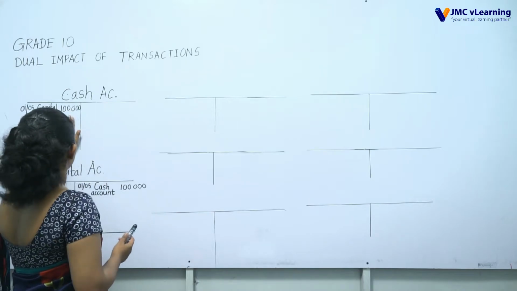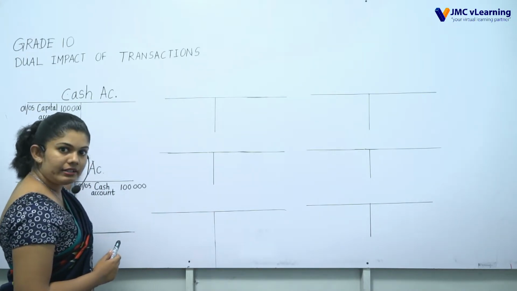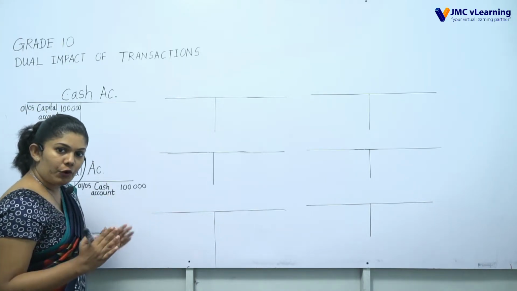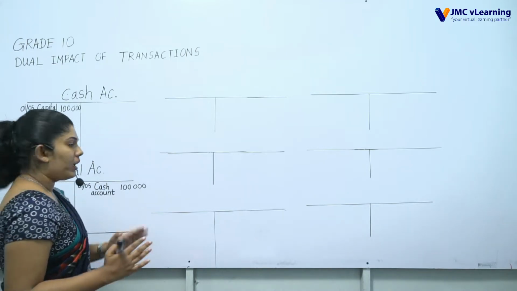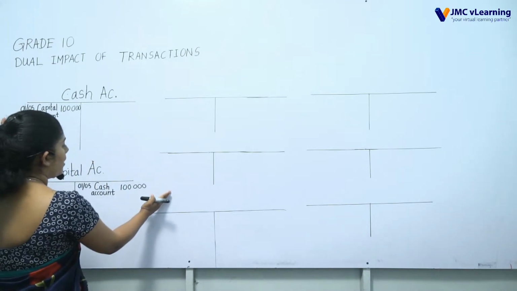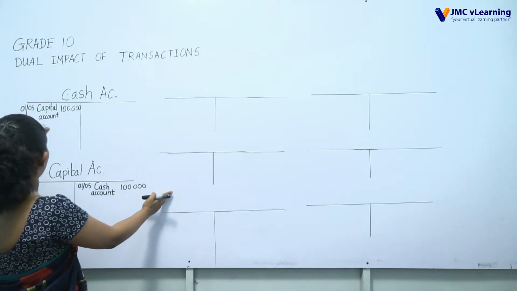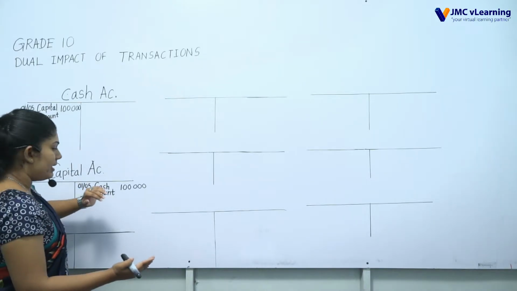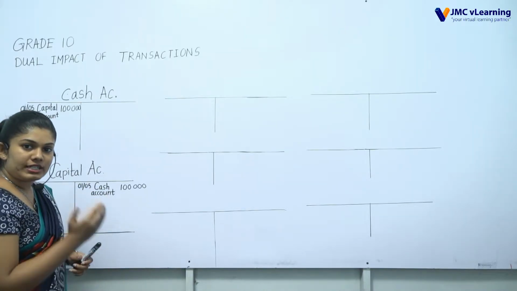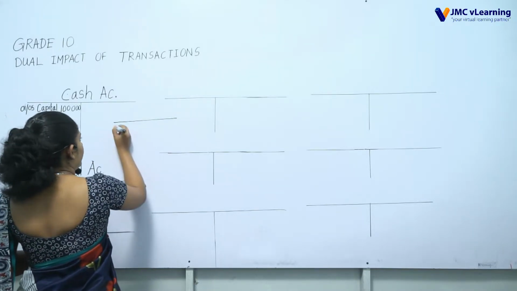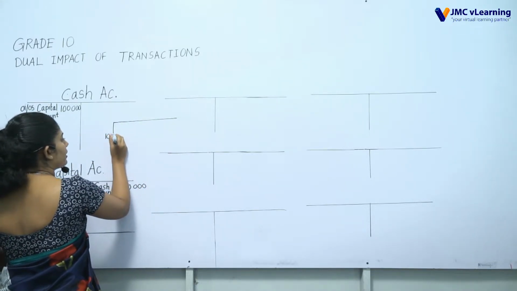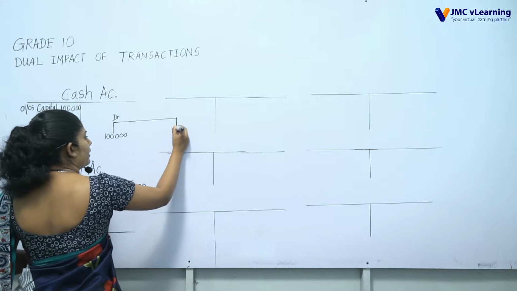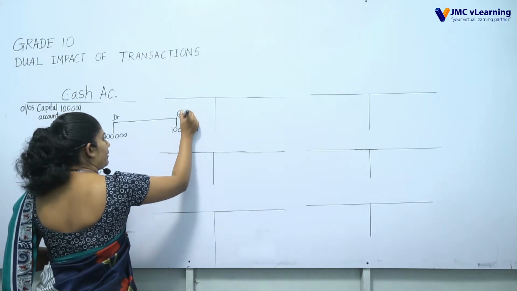Therefore, asset increase we recorded in the debit side, and the equity increase we recorded in the credit side. Therefore, you can see very clearly both accounts are balanced. One entry is in the debit side of this account, and the other entry is in the credit side. Just like the scale, one entry is in this side 100,000 debit, the other entry 100,000 credit.